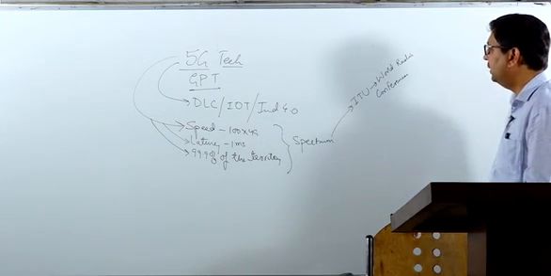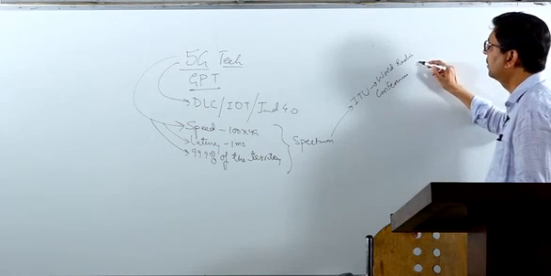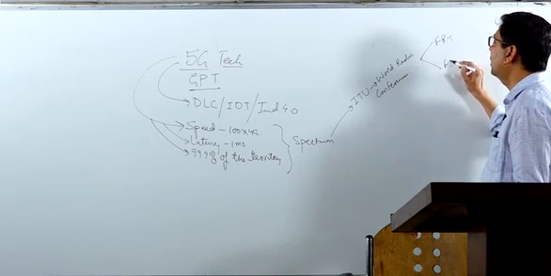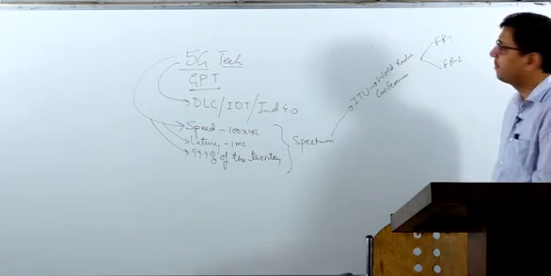This World Radio Conference has identified two frequency ranges, frequency range 1 and frequency range 2, for 5G.